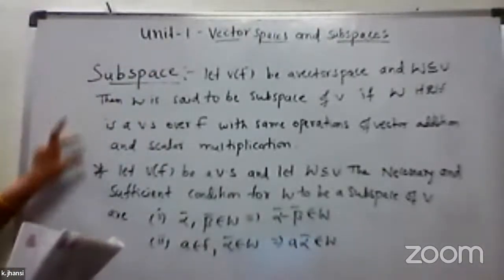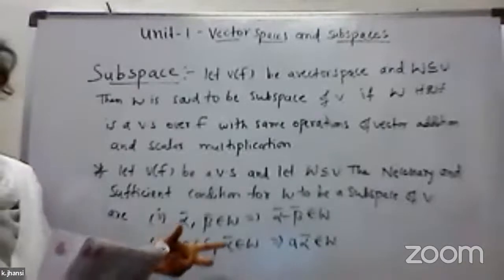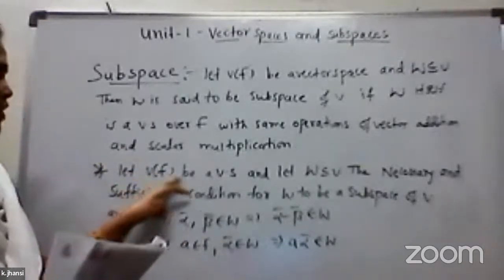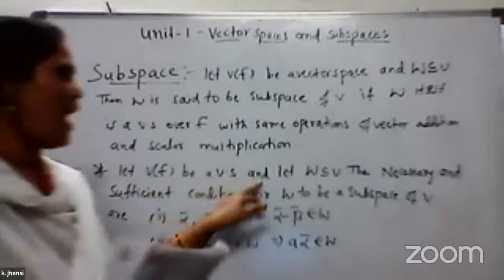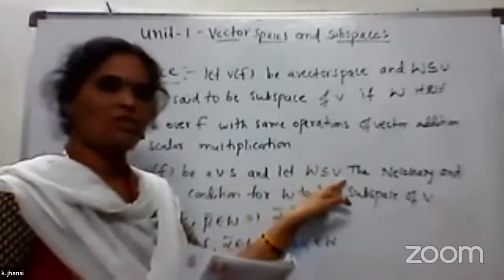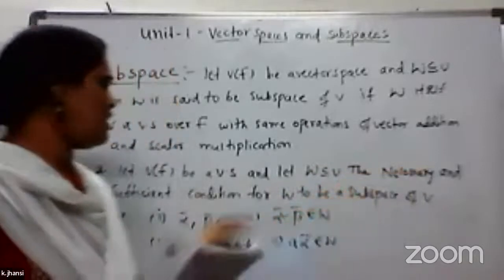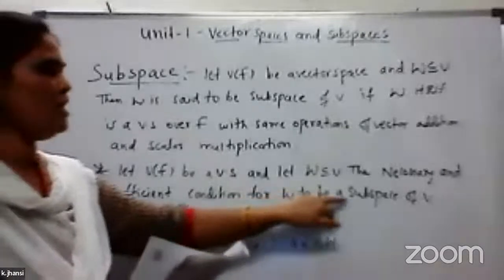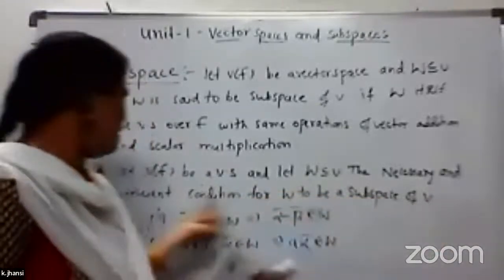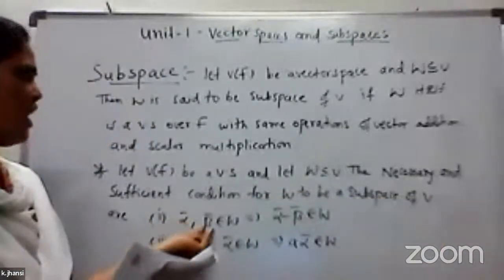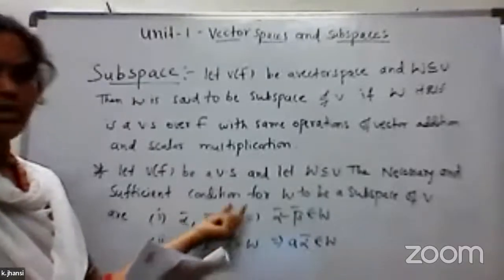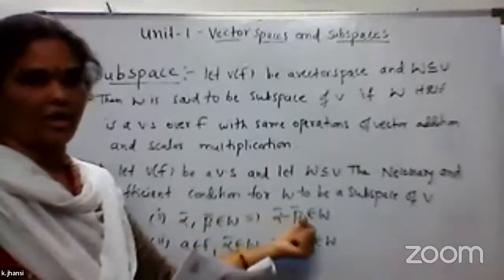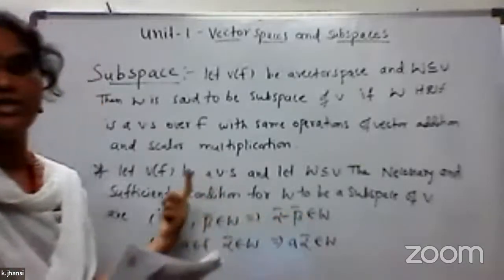So here one more necessary and sufficient condition is there. The first condition: if alpha and beta belong to the subset W, then the difference of these two vectors should also be in W. W contains vectors, no?